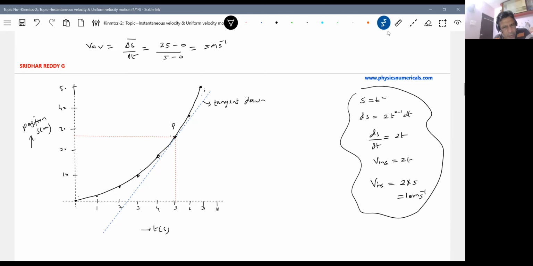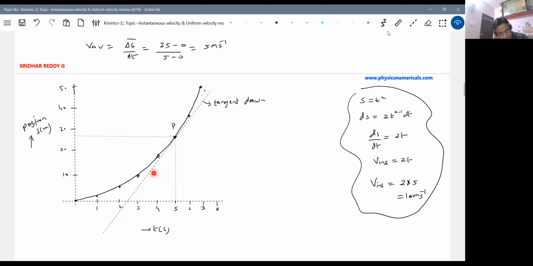So now you can ask questions. Why are you drawing the tangent at 5? Because at t equal to 5 seconds, I should calculate the instantaneous velocity. So corresponding to t equal to 5 seconds, you locate a point on the curve. There you draw a tangent.